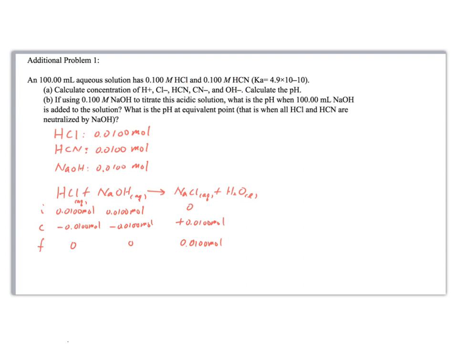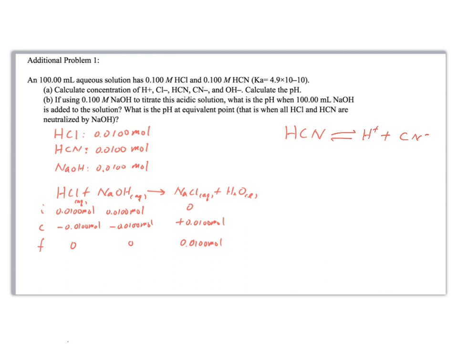So in that solution, the volume is 200 milliliter, and we can treat it as a pure solution of weak acid, cyanic acid. It will dissociate partially into proton, H+, and cyanide ions.